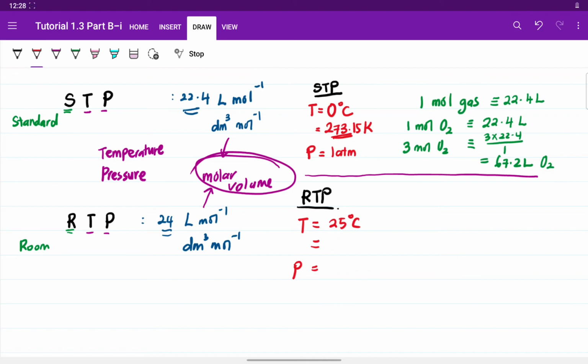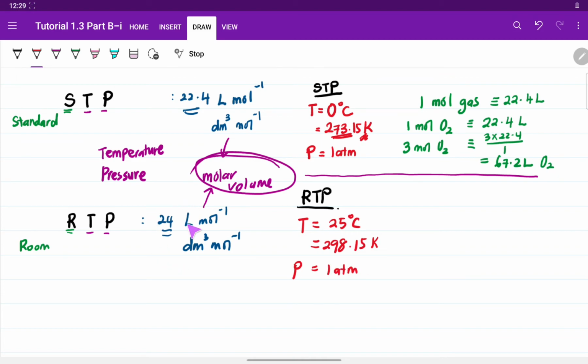So that's why mesti guna value 273.15 because itu yang kita dah standardkan untuk kita punya syllabus matriculation. Jadi dekat sini if you have 25 degrees Celsius temperature in Kelvin, dia adalah 298.15 Kelvin.